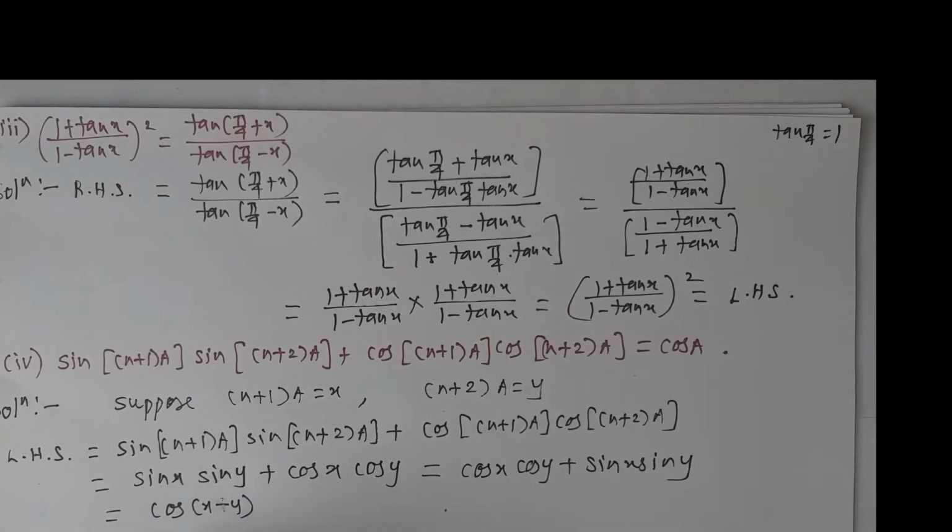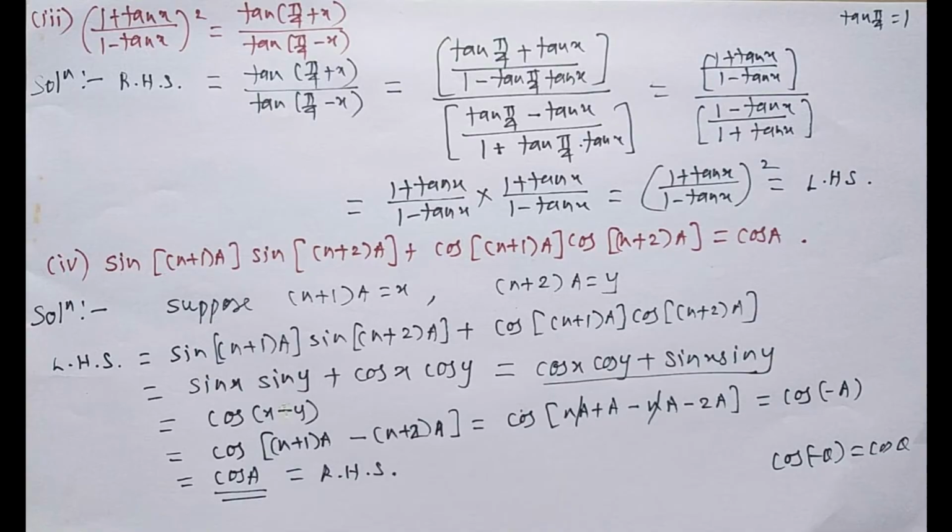Now keep the value of x, which is (n plus 1) times a, and y, which is (n plus 2) times a. Now open the bracket: this will be cos(na plus a minus na minus 2a). Here plus na and minus na get cancelled, and this is equal to cos(a minus 2a), that is cos(minus a).